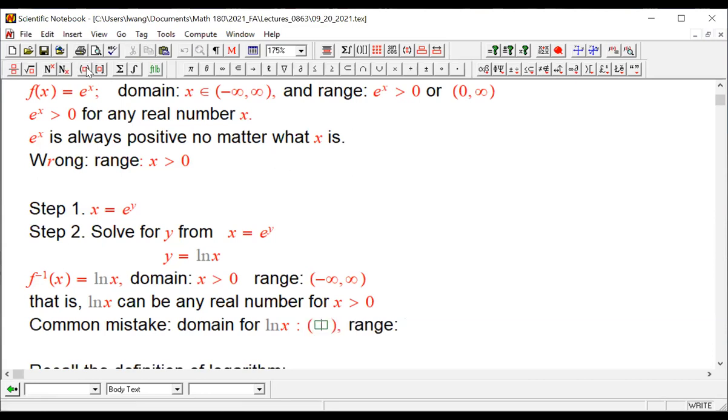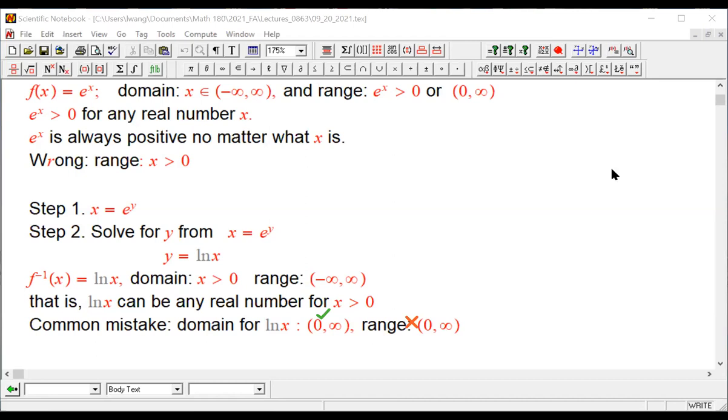People will give these answers: domain is from 0 to infinity, and the range is also from 0 to infinity. That's another mistake, and of course, we have all kinds of mistakes. On this answer, you understand this piece is right, but this piece is wrong. To correct this mistake, which seems to be perpetual, I hope it's not eternal, right?